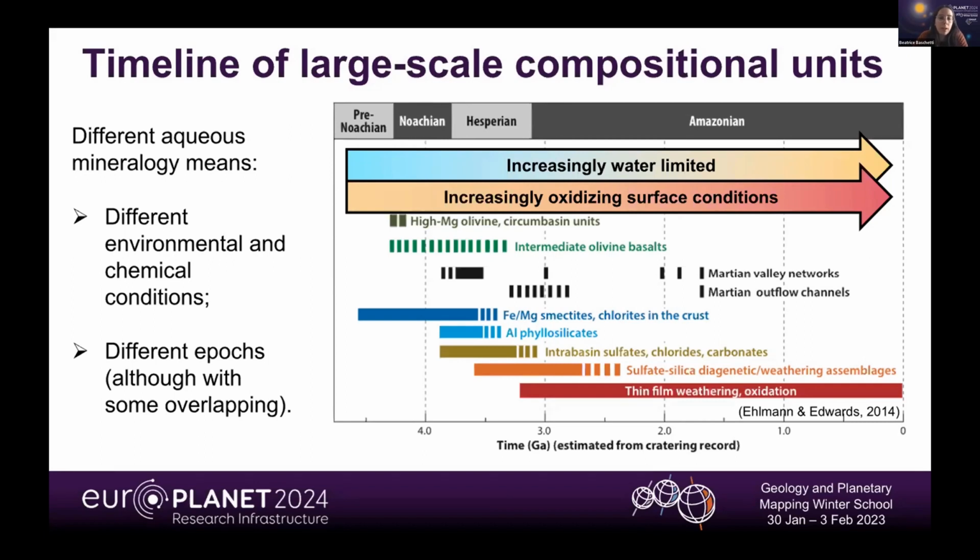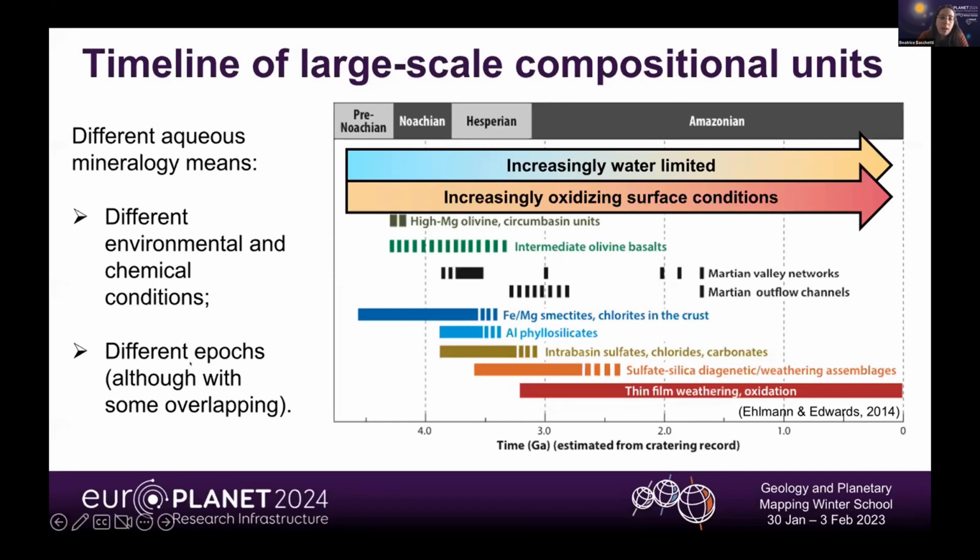For example, clays, phyllosilicates and carbonates form in water-rich conditions with usually neutral to alkaline pH, while sulfates form in more acidic conditions, and usually the water is scarcer. So finding carbonates, clays or sulfates can tell us a great deal about the environment in which they formed, and so about the geologic history of that specific area of Mars.